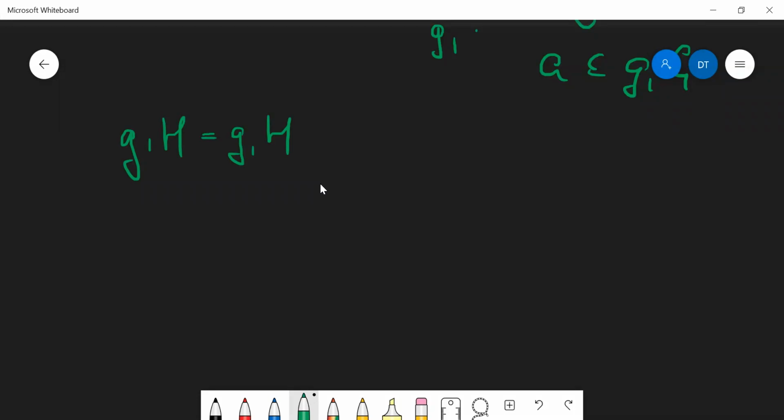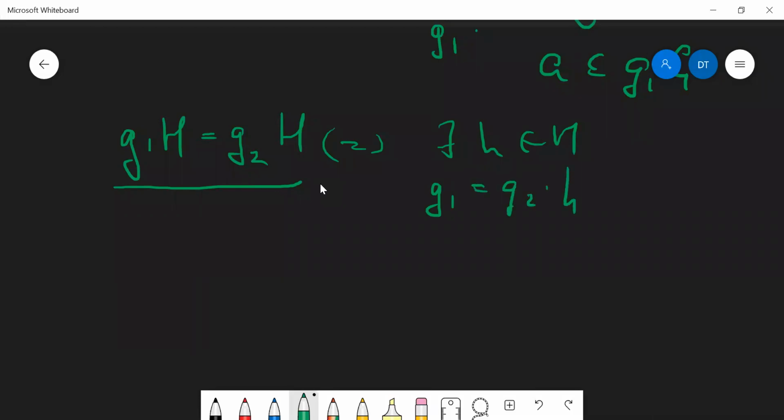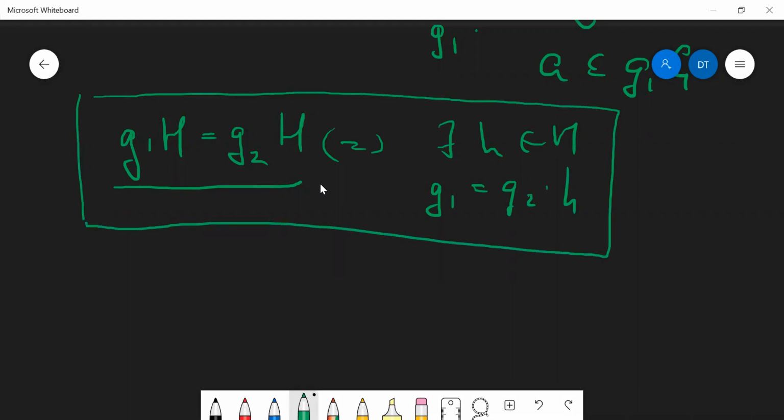So I'm saying that two cosets are the same if and only if there exists an element h from H such that G1 equals G2 times h. So this is the condition you have to check for the elements G1 and G2 if you want to check this equality. So this is the only case when two different elements give you exactly the same cosets.